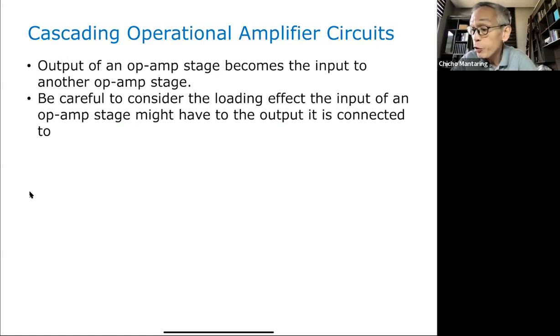But what you have to do is be careful to consider the loading effect the input of an op-amp stage might have on the output that it is connected to. In other words, when I connect two op-amps together, let's say this is producing my output, I'm connecting this input, I must make sure of what effect this input is going to have on this output.